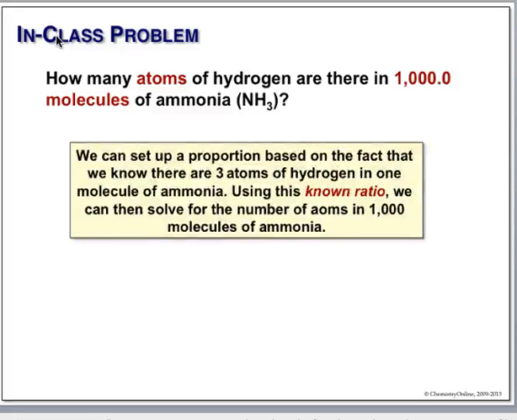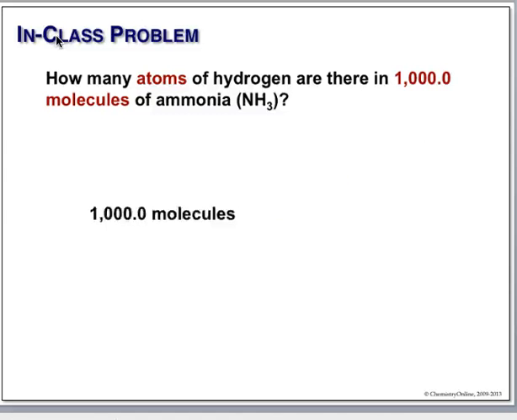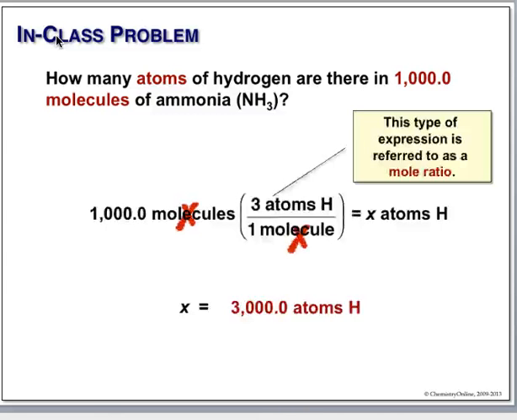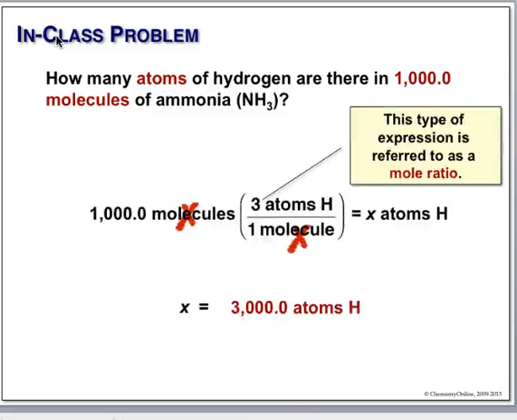Our mole ratio tells us that in every ammonia, we have 3 hydrogens. That's our ratio. So we would set it up like this. 1,000 molecules. 3 atoms of hydrogen in every molecule. Molecules cancel. And we're left with 3,000 atoms of hydrogen.